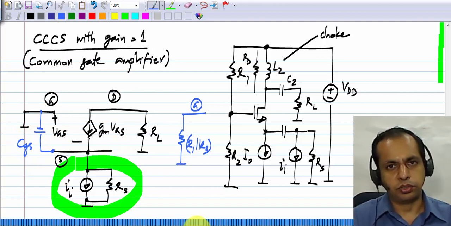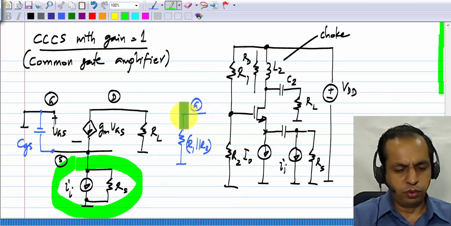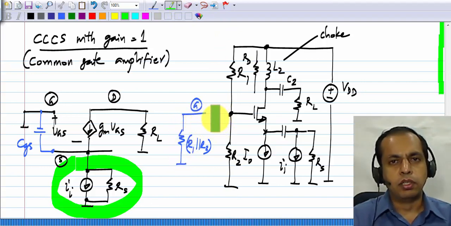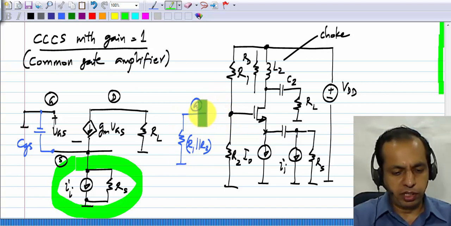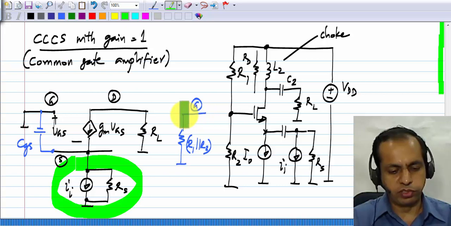Because of that, if you connect it up just like this, through R1 and R2, the gate voltage will not be exactly 0 for signal frequencies. It will be at 0 voltage for DC increments, but for signal frequencies it may not be exactly at 0.